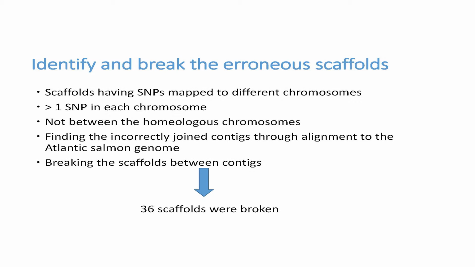It's not just because the assembly was wrong, and so we made some requirements to find the problem scaffolds. So these are what we required to do this scaffold breaking process. At the end, we found 33 that we are sure we can break.